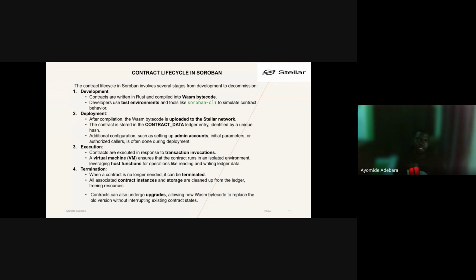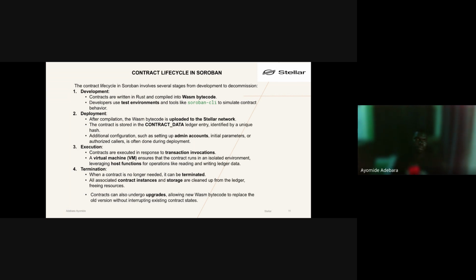That's the first stage of the contract life cycle: development. The next thing you do is deploy it. We are going to see these things in tomorrow's class, where we'll have the practical of the full life cycle.